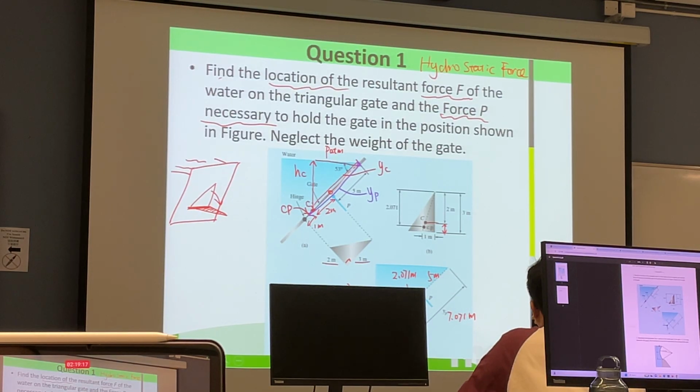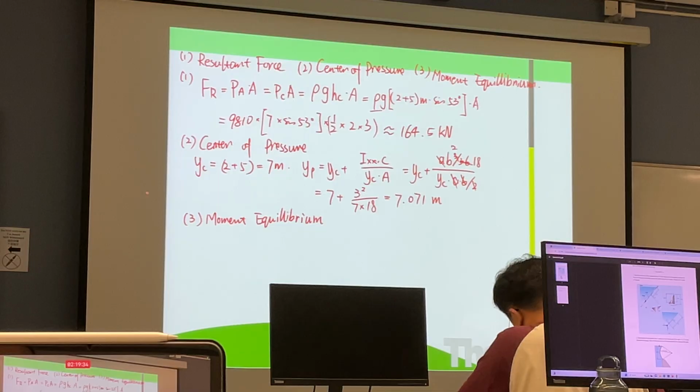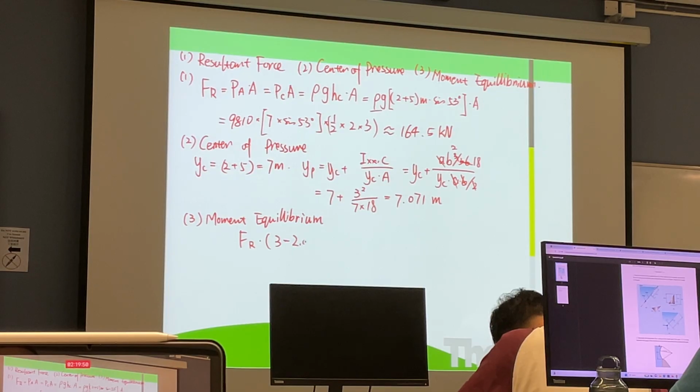For the moment equilibrium, F is making the gate rotate clockwise. P is making it rotate counterclockwise. So the relationship is the resultant force F times (3 subtract 2.071) is equal to the P force times the moment arm, which is 3 meter.